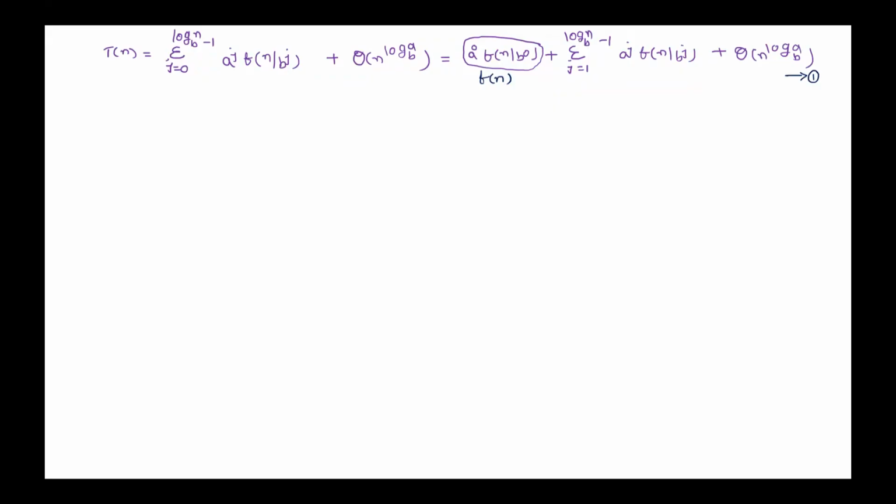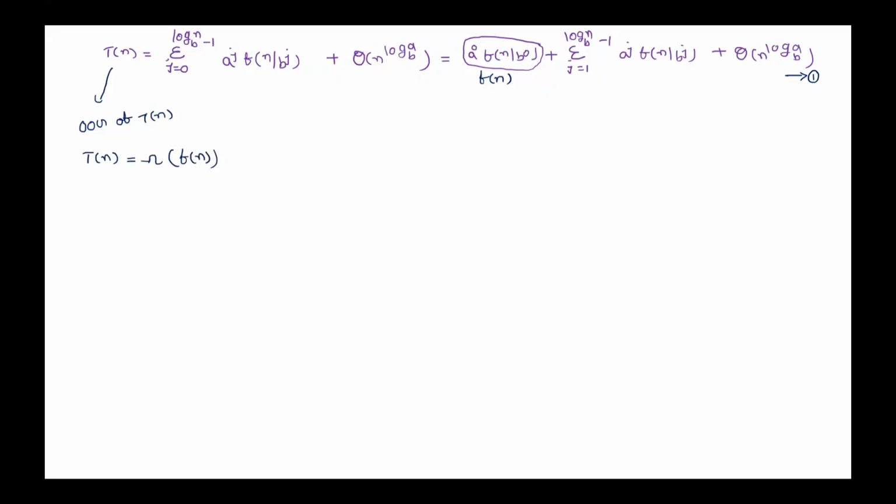So now from this, what can you say about the order of growth of T of n? Can we say that T of n is big omega of f of n?